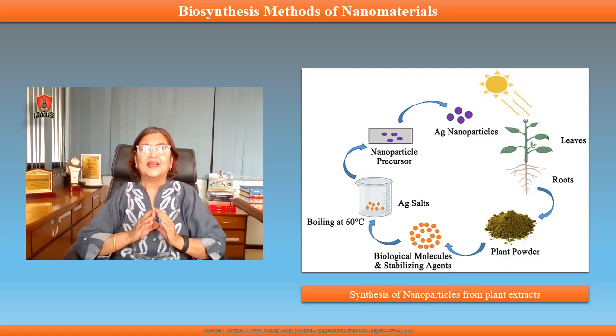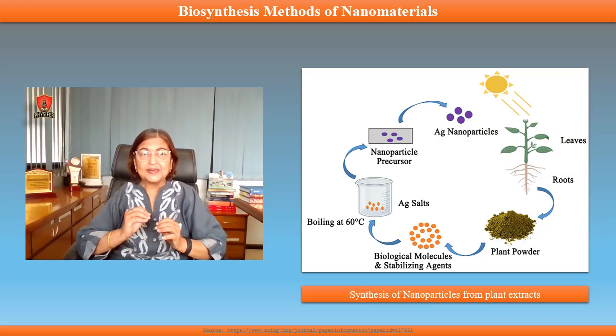We also have biosynthesis methods of nanomaterials, in which biological systems such as microorganisms like bacteria, fungi, algae, or plant extracts are used to produce nanoparticles in an eco-friendly way. This method is also called green synthesis of nanomaterials.